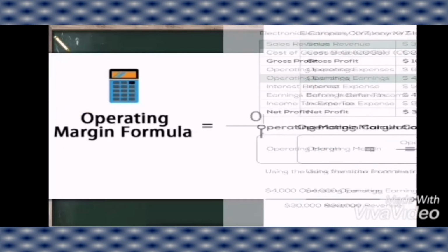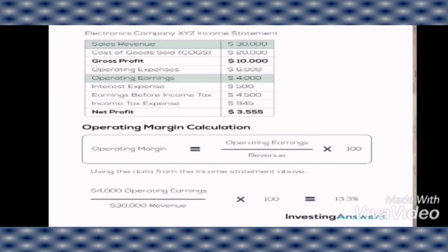Give the example. So, diri makita nato nahatag na niya ang operating earnings or operating income and revenue. So, operating earnings is $4,000 diri. Then, ang revenue is $30,000. So, $4,000 divided by 30,000 is 0.1333.